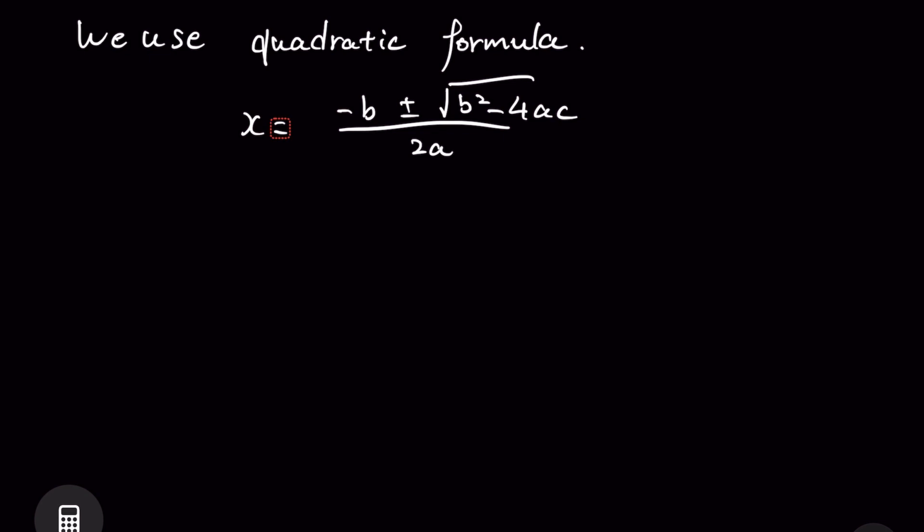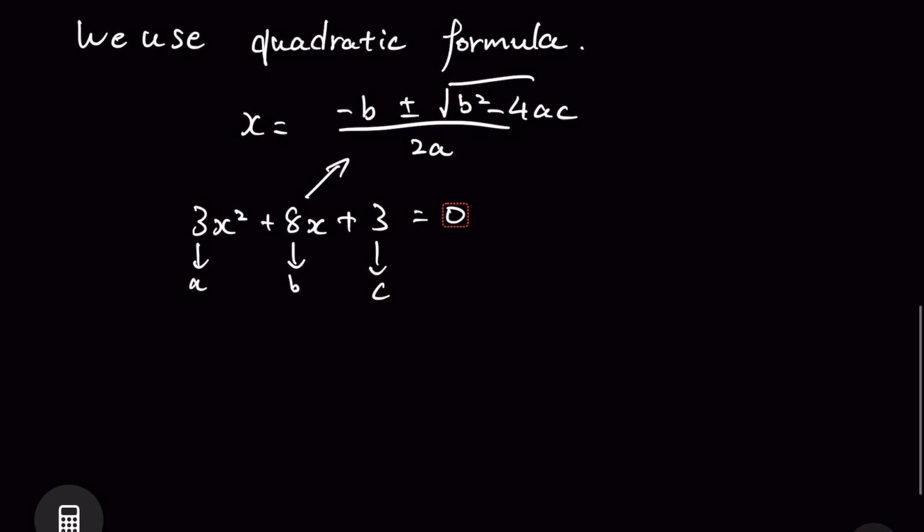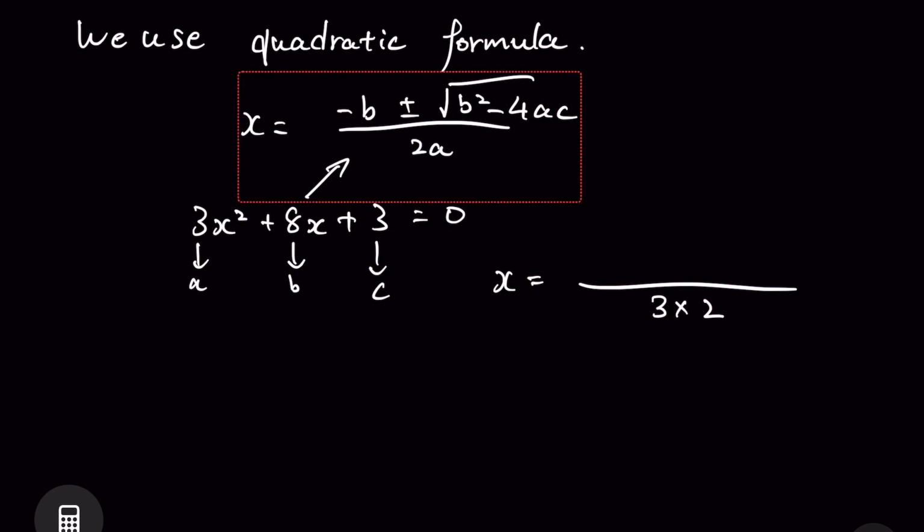So how do we use this equation? Let's see an example from before. So 3x squared plus 8x plus 3, and I explained the general formula is ax squared plus bx plus c, and in this case 3 is a, 8 is b, and 3 is c.